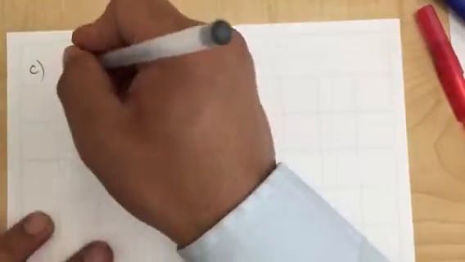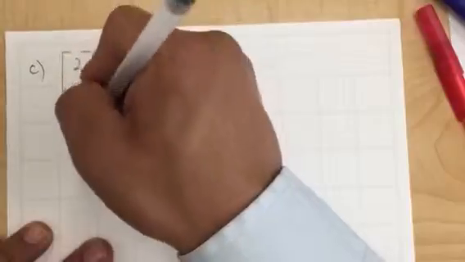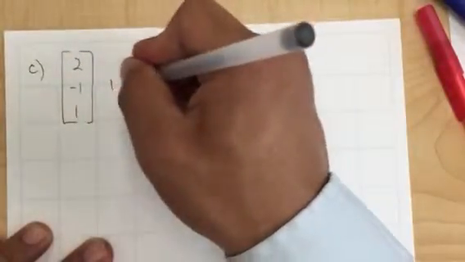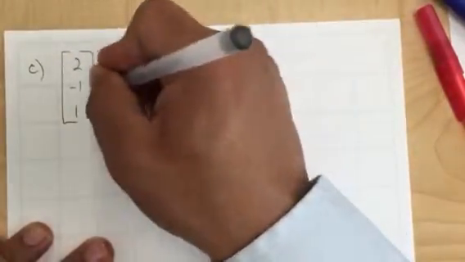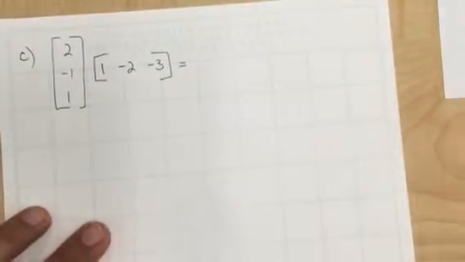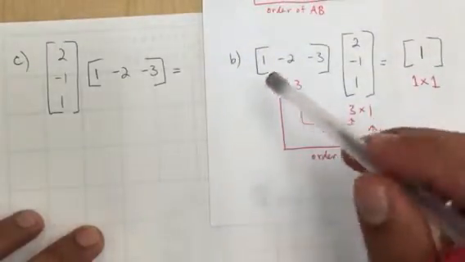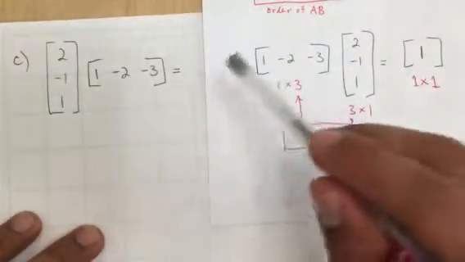Example C right here is going to be 2, -1, 1. 1, -2, and -3. Now this one, I want you to notice here, it's similar to example B, but the order of the matrices is reversed.